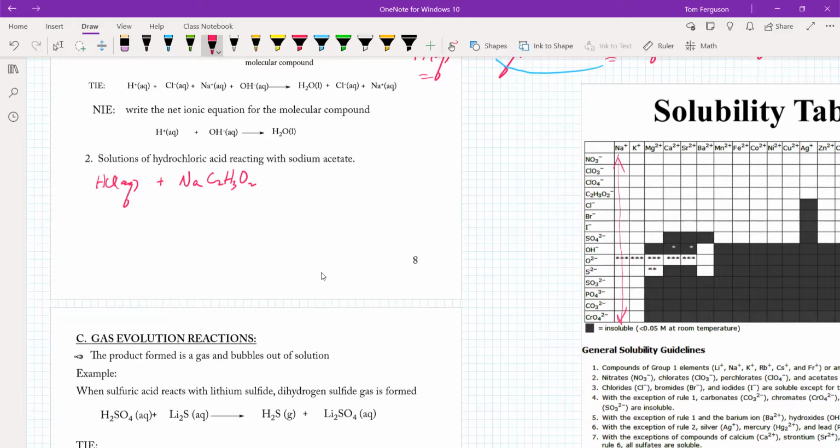Okay. So that's H plus aqueous, Cl minus aqueous plus sodium aqueous. Remember now these are solutions. So we already know those are soluble. But the fact is it says solutions, okay?